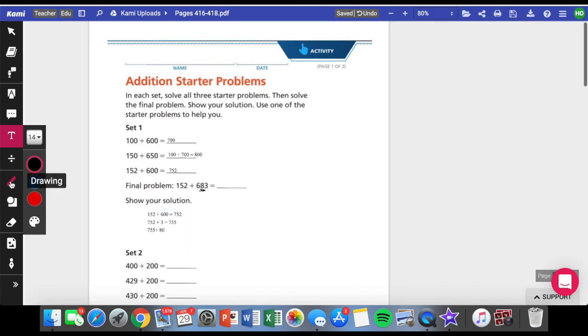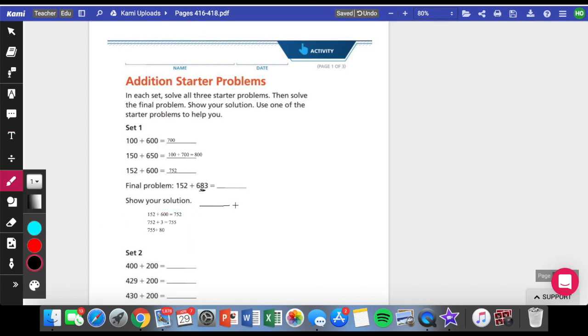And I'm going to use a number line to help me solve this. So 755, and I'm going to add 40 because I know that 755 plus 40 would be 795.